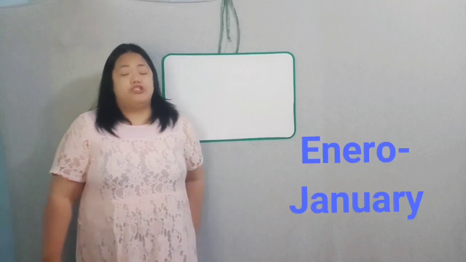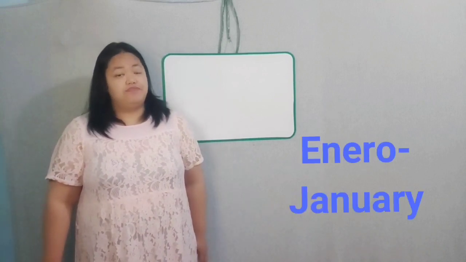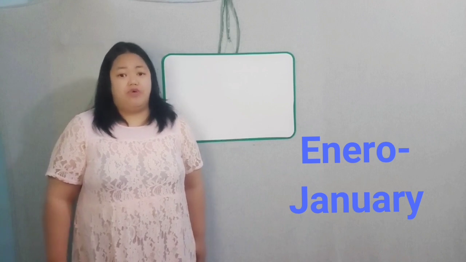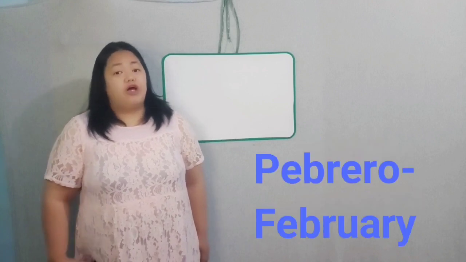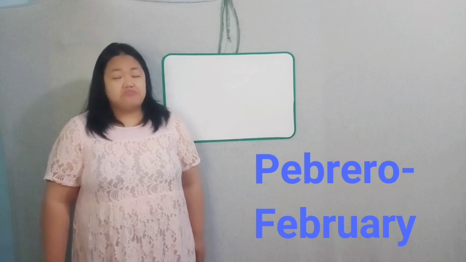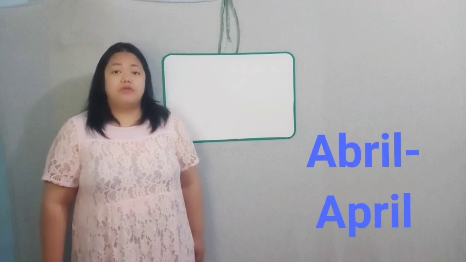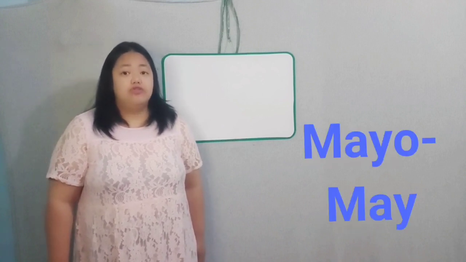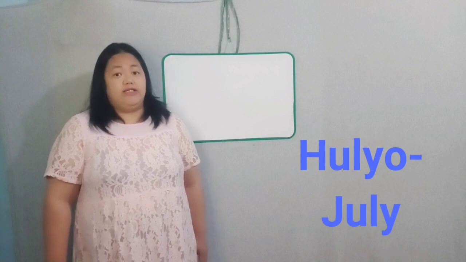Starting off with January is enero. Enero for January. February is febrero. March is marzo. April is abril. May is mayo. June is junio. July is julio.